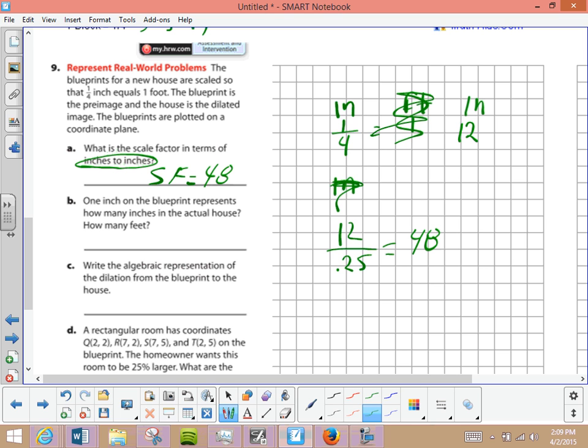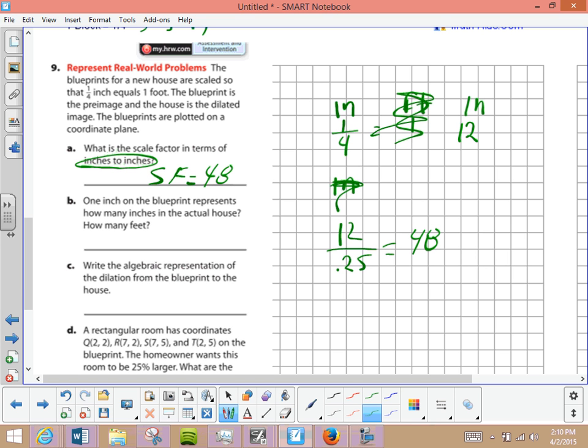Yeah, the last one was pretty tough. Okay. 1 inch on the blueprint represents how many inches in the actual house? 48. 1 inch equals. Are you sure?